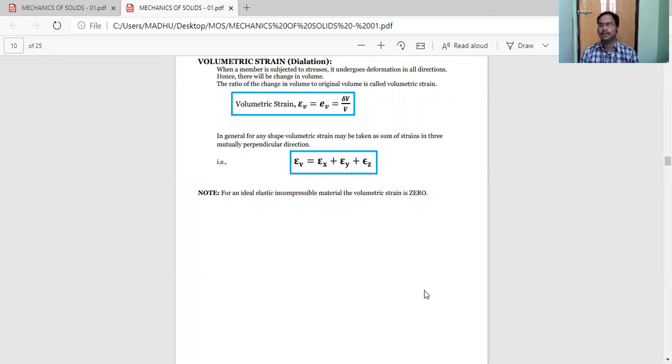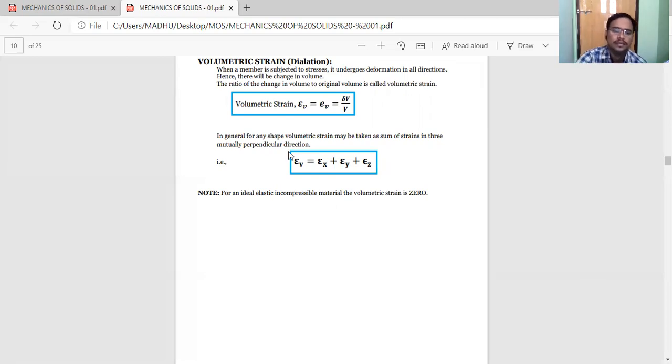When an object is subjected to a uniaxial load, biaxial load, or triaxial load, any number of loads that may act on a body, that will cause change in dimensions, that will lead to strains. So the volumetric strain is given by epsilon V is equal to del V by V.